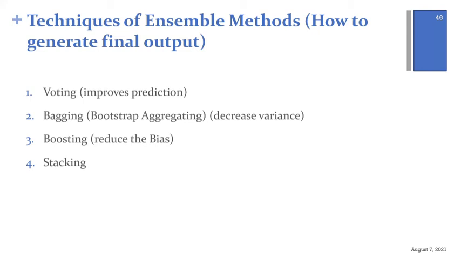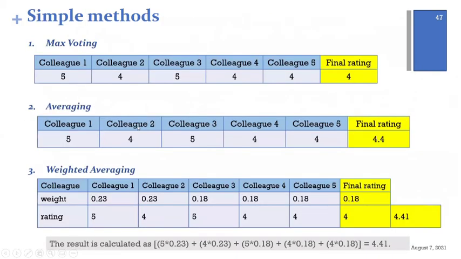If an algorithm is saying yes and it has higher accuracy, I think we should give it more votes. But if you are using simple voting, we don't care where the person comes from. Everybody gets the same number of votes, which could be a problem. Now let's look at this simple method of voting that I often use.